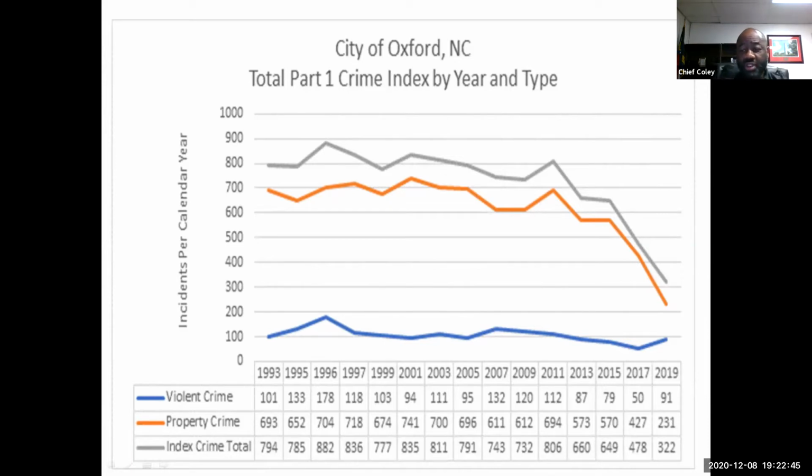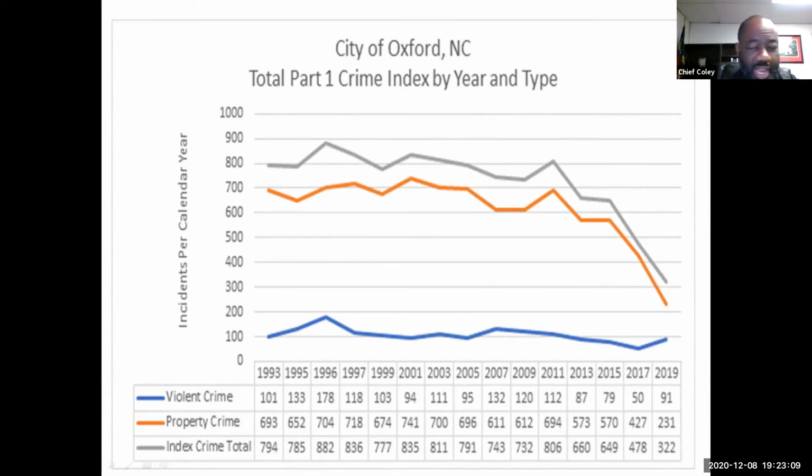Again, when you look overall, that's something that businesses and people looking to move to Oxford look at, and they like to see that crime index lower. The trend we're on right now compared to the earlier years is a good trend.